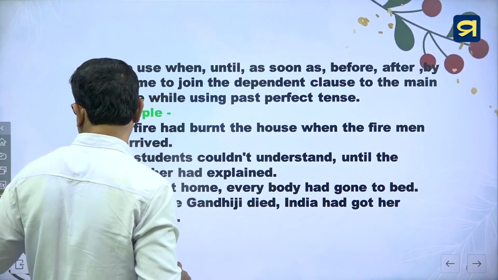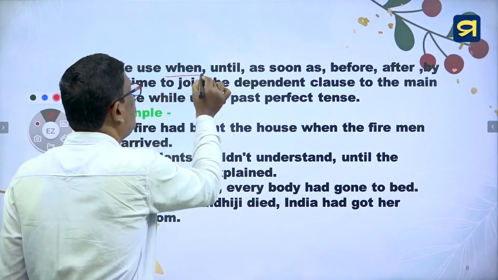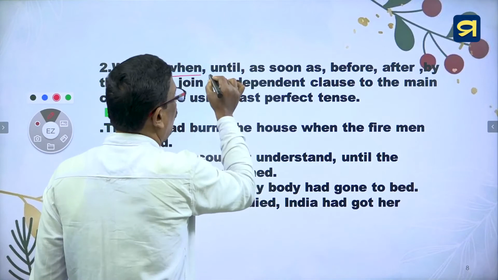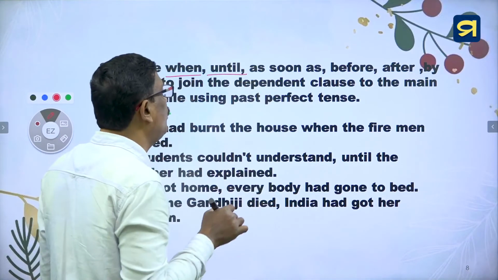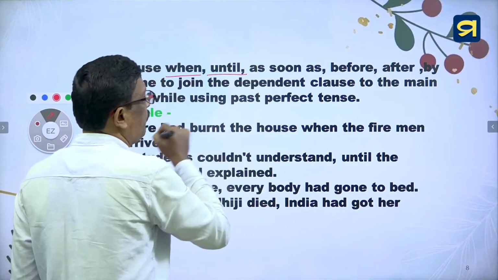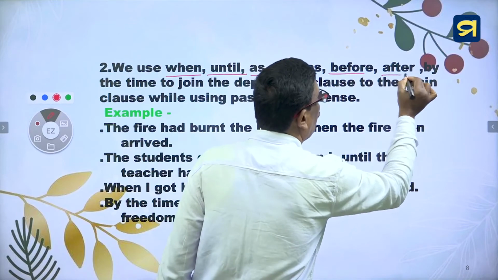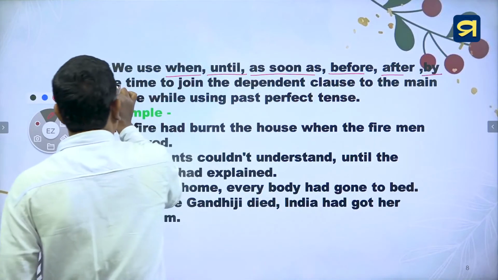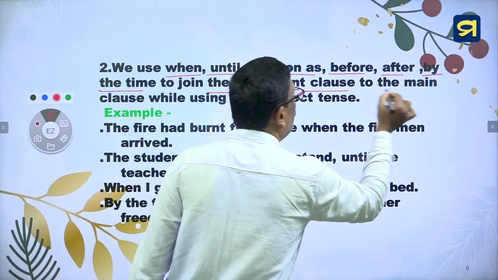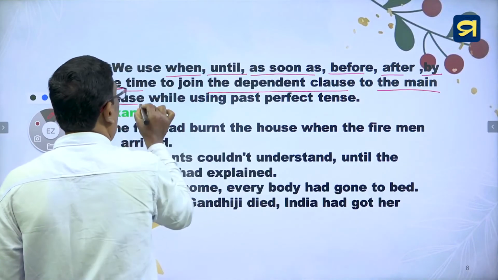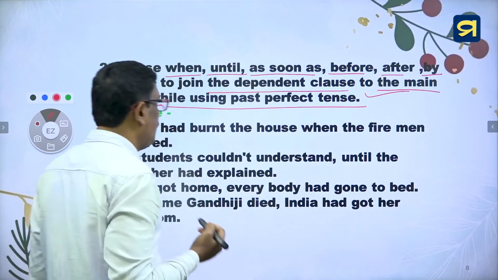Number 2. We use when. These are the conjunctions, the subordinating conjunctions. Generally we use in such sentences: as soon as, before, after, by the time, to join the dependent clause to the main clause while using past perfect tense.